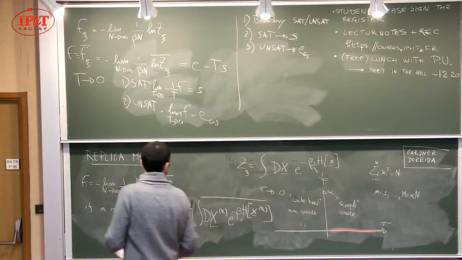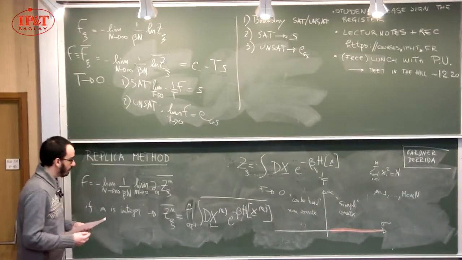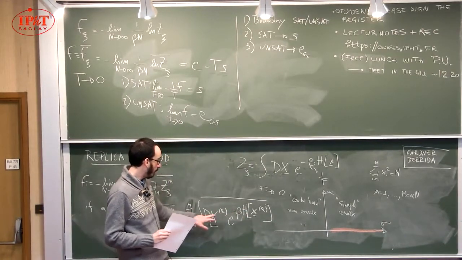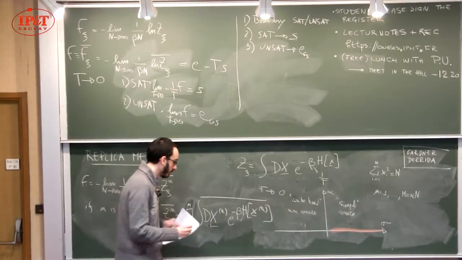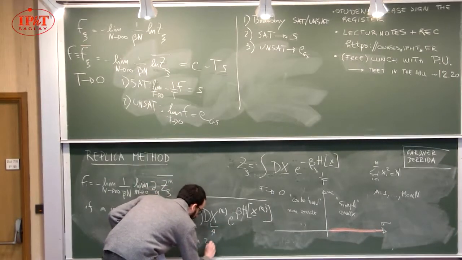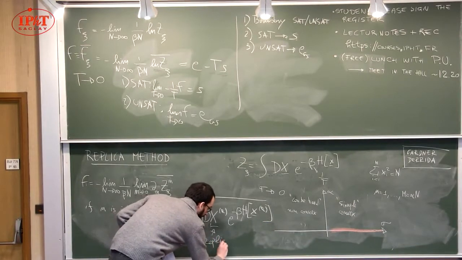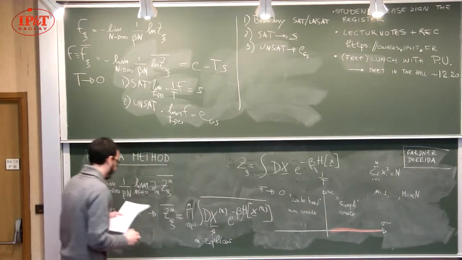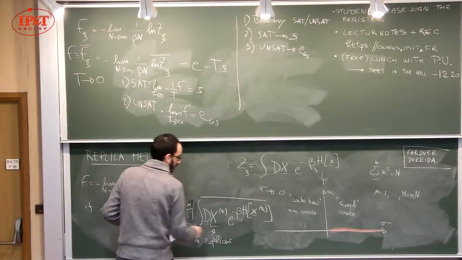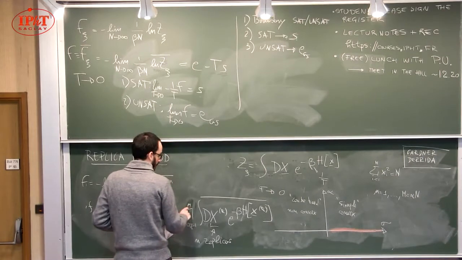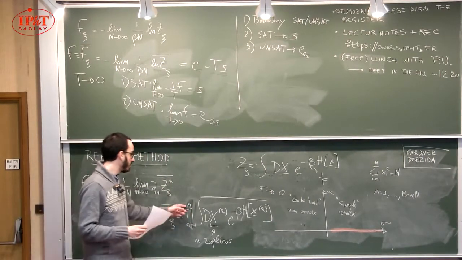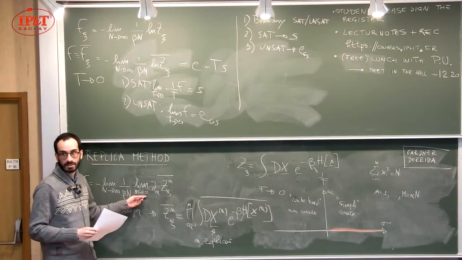So you see that when n is integer, you get a system where you have n copies of the original one, that are called replicas. And so the strategy now is to compute this thing for integer n, and then try to get an analytic continuation in order to get this limit.